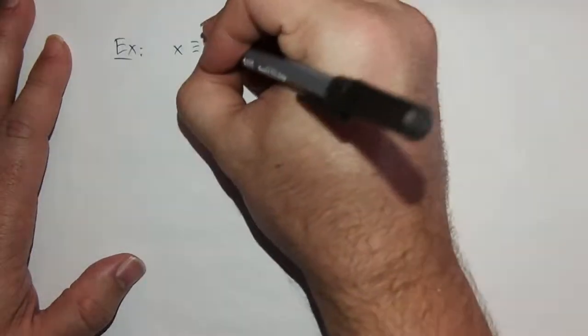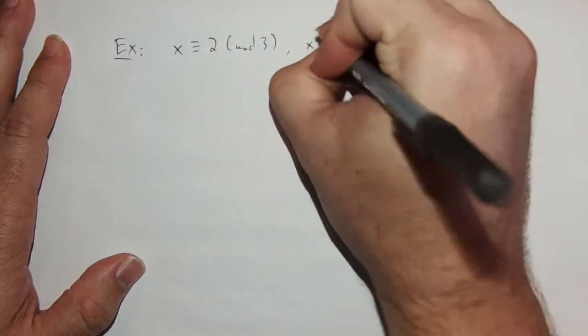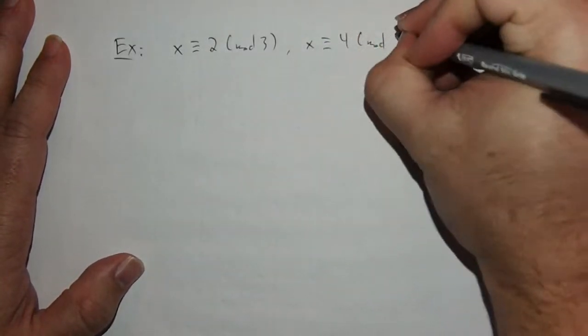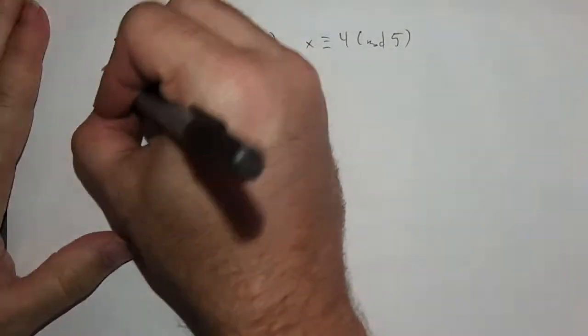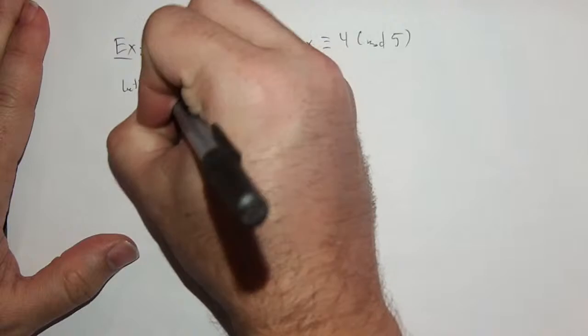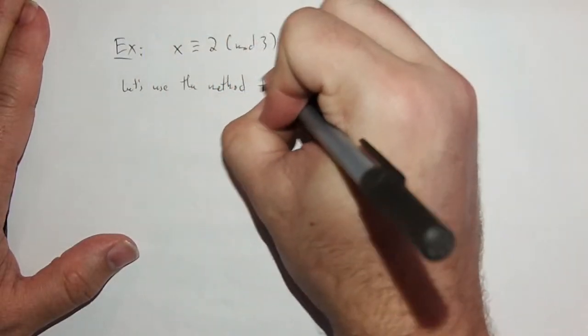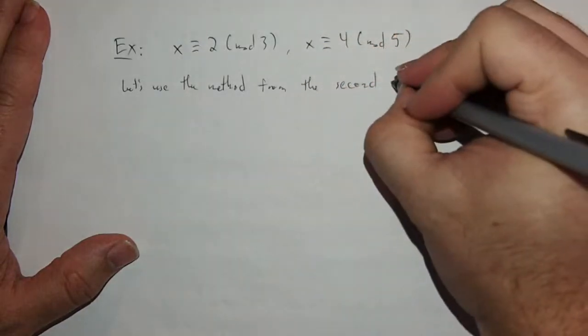X congruent to 2 mod 3, and x is congruent to 4 mod 5. But let's use that other method. So let's use the method from the second proof for existence.